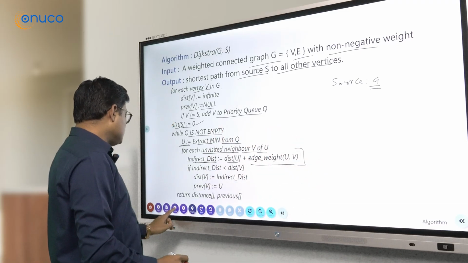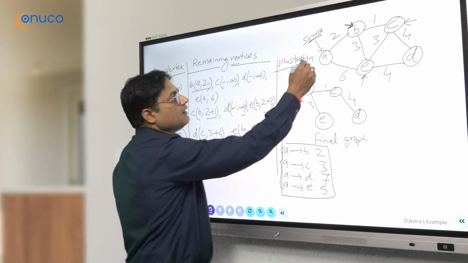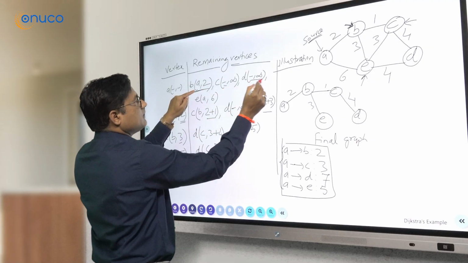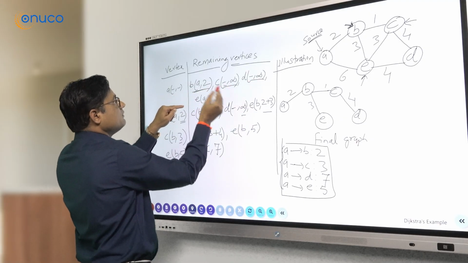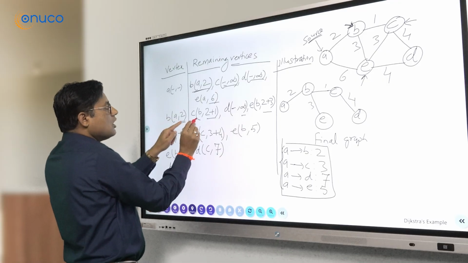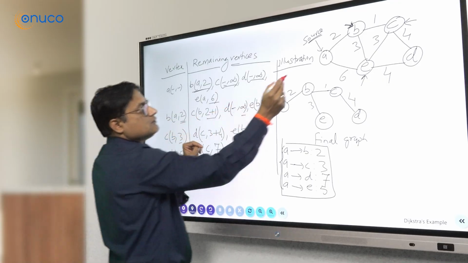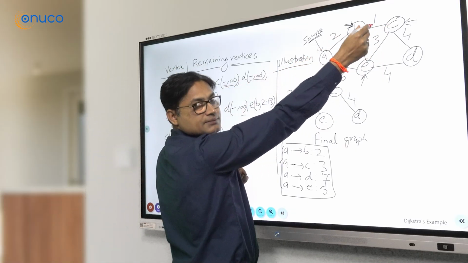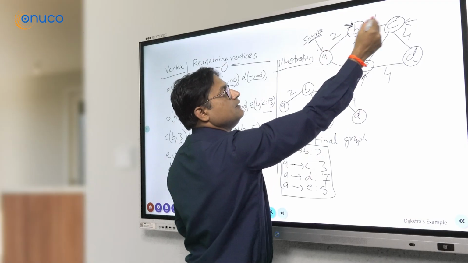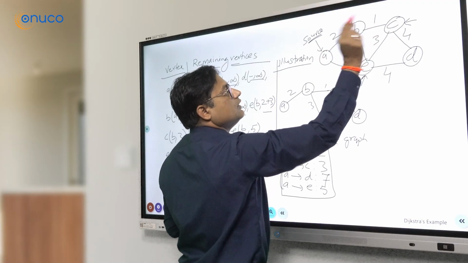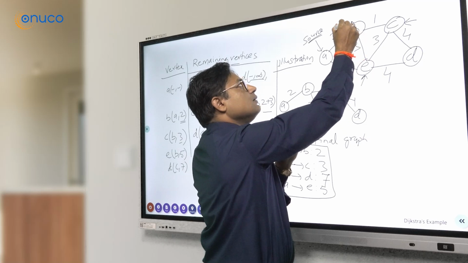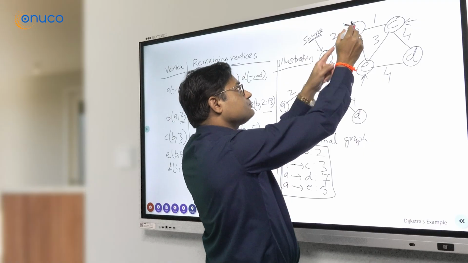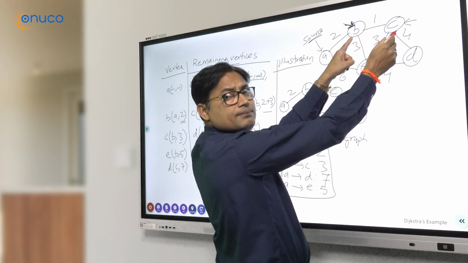So in this particular case, you would have noticed the direct distances we already computed: infinity, infinity, 2 and 6. We computed 2 is minimum, and we take it out. Now, indirect distance means what? A to C was infinity. We don't have a direct distance. Indirect distance means via B. So we are going A to B and B to C. We are at B already. If you are at B, then what is the distance from B to C? 1.